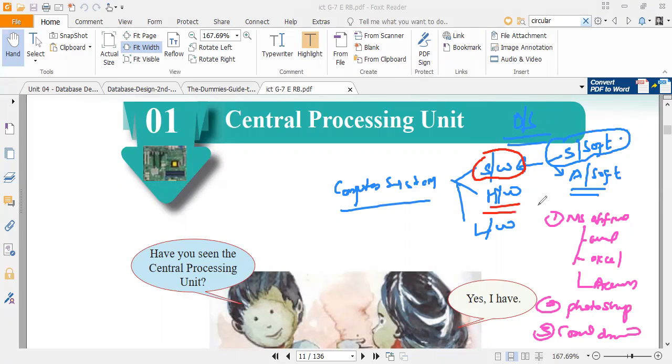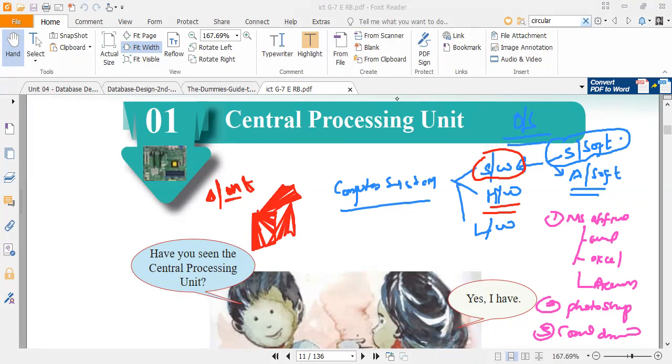The next one is hardware. If you take a system, you can find plenty of hardware. If you take the system unit, it's that box with buttons and all.